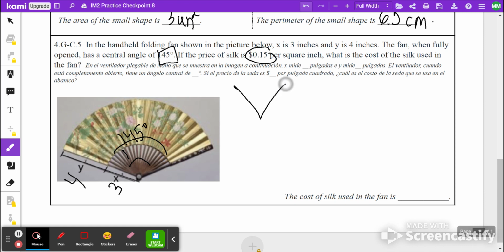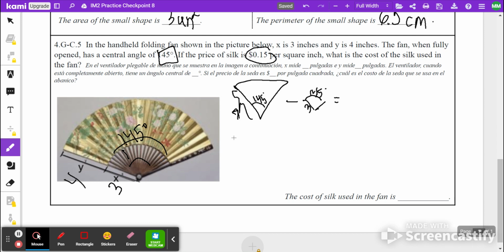First, I'm going to find the area of the whole sector, where the central angle of my circle is 145 degrees, and the whole radius is 7. Notice that I'm combining the 4 and the 3. From that, I'll be subtracting the part of the fan which has no silk, just this part, which is still 145 degrees. And that will equal the amount of silk that I'm going to use.